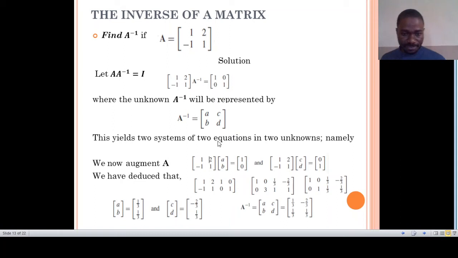In that case, you can convert this expression like this: [1 2; -1 1] times [a b] is equal to [1 0], and [1 2; -1 1] times [c d] is equal to [0 1]. All right? Or better still, do you still remember the example I gave you under augmented matrix?